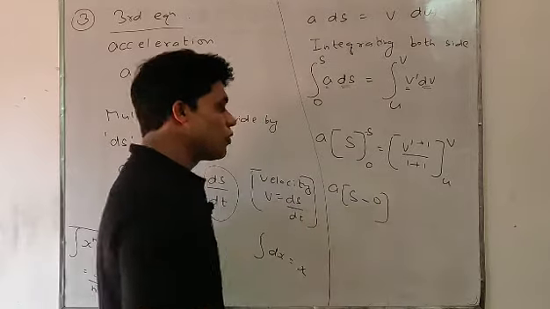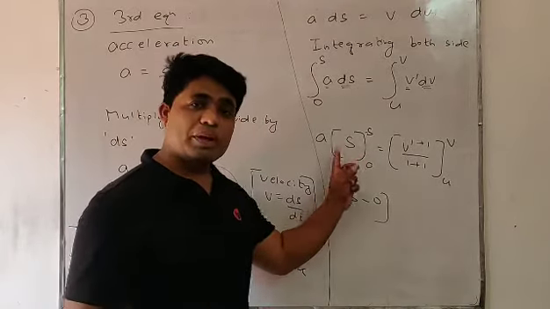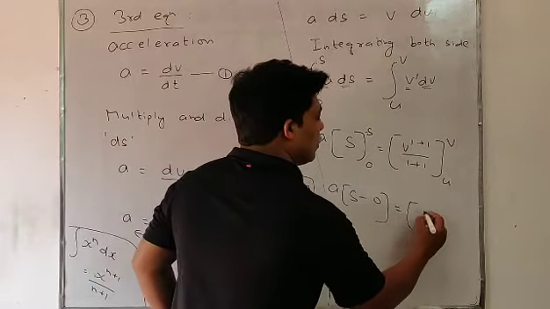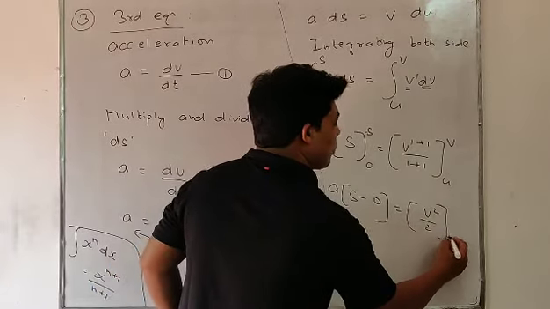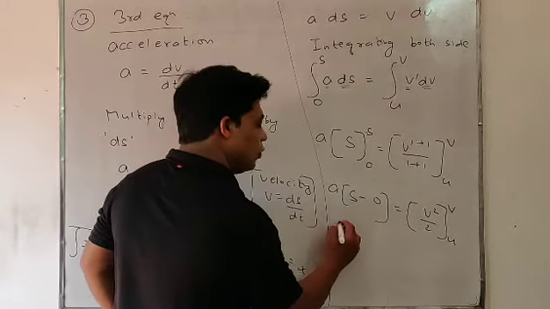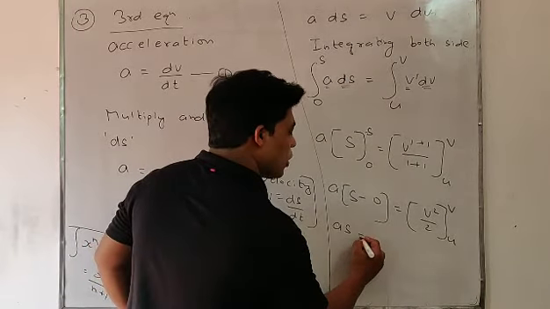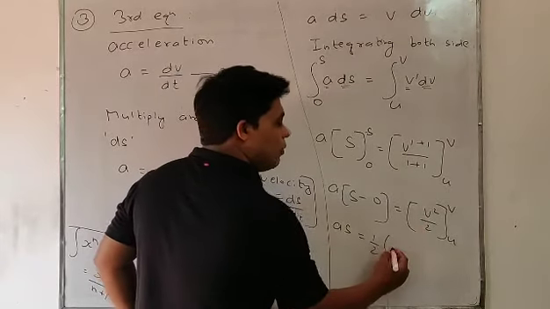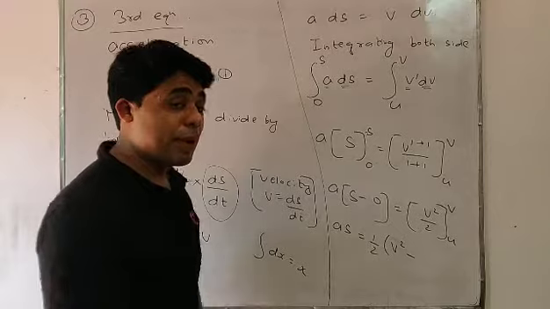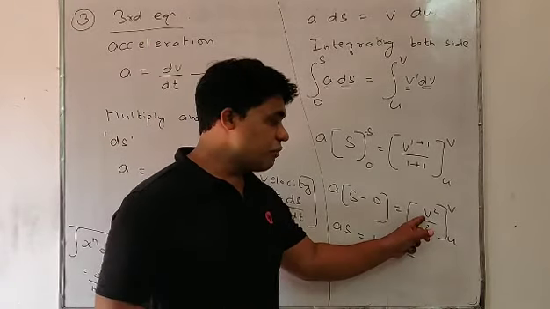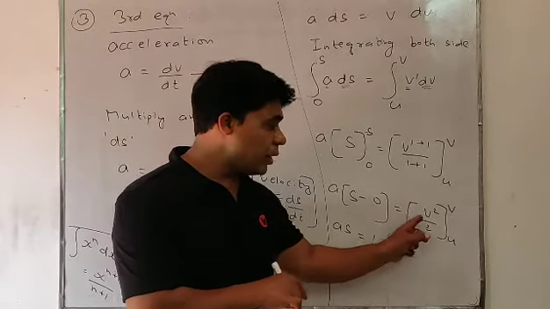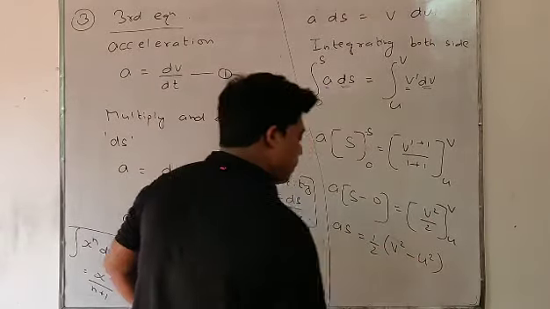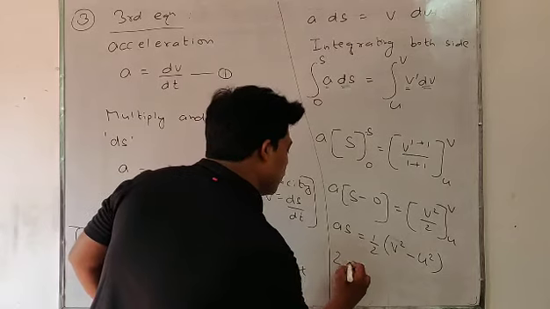We always put first the upper limit, then minus, and then the lower limit. This is v square by 2, limit u to v. A into s, as. 2 comes outside. Instead of v we put the upper limit v, there is no change, then minus, and instead we put the lower limit u, so u square.